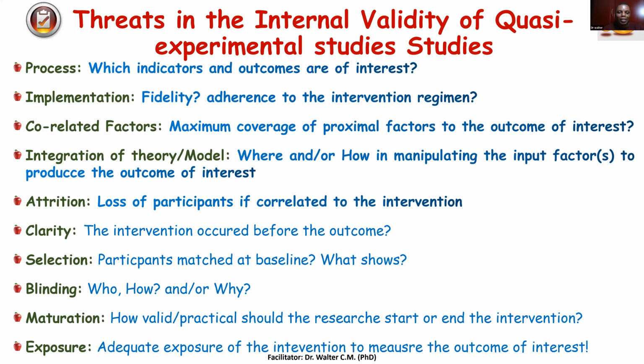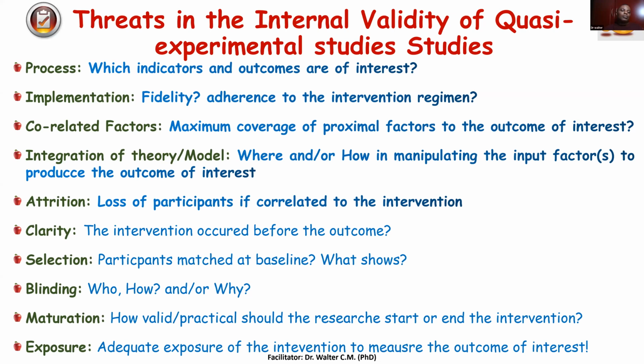And then sometimes selection bias: we forget to match study participants at baseline before we engage them in the intervention. You can find that at baseline you recruit them while they are different in social demographics, and then you carry them as they are with the differences. At the end, you forget to control those differences, and then you come back saying that the intervention was effective.